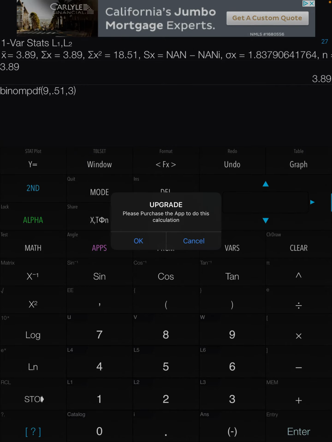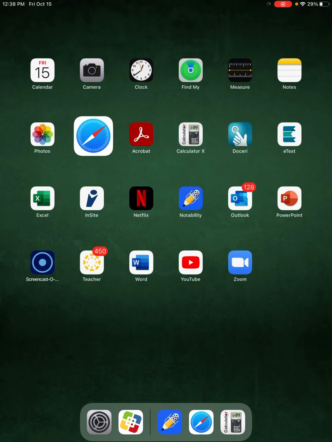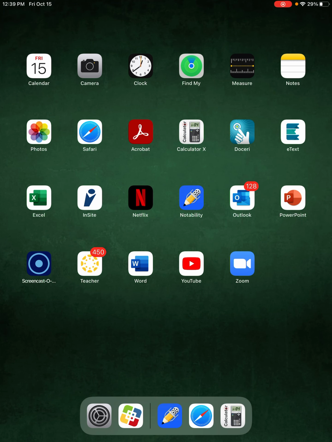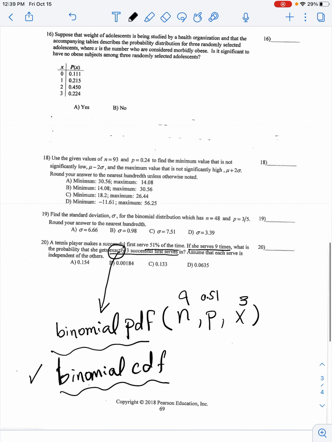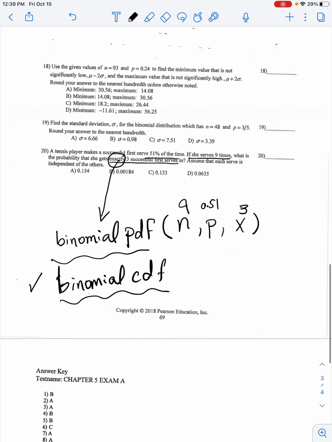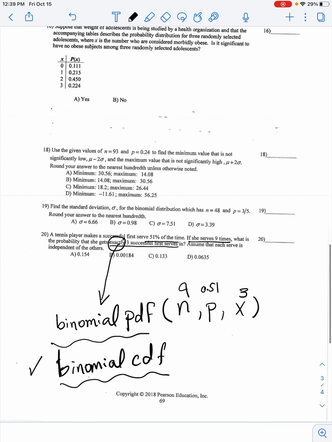In this case, I need to purchase it in order to give me the answer, but in your case, you just put it in. I hope you have an idea what to put into your calculator. The answer you get should be, let's see, the answer to 20A, 0.154. Okay, so that's the chapter 5 worksheet. I hope you'll be able to do the rest.